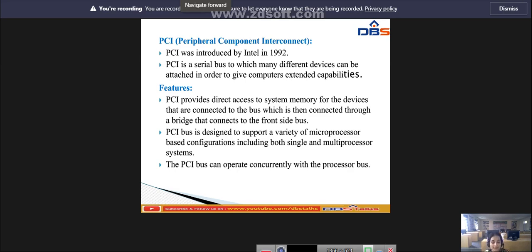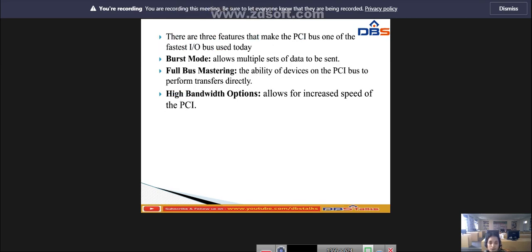That is burst mode, which allows multiple sets of data to be sent, and full bus mastering, the ability of a device on the PCI bus to perform transfers directly, and high bandwidth options that allow for increased speed of PCI.